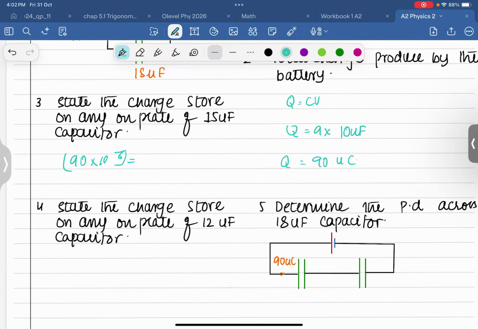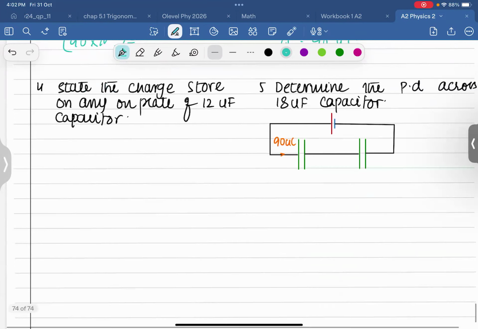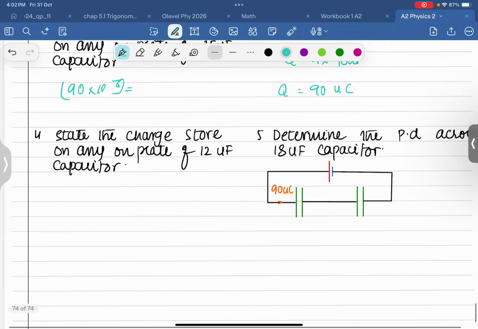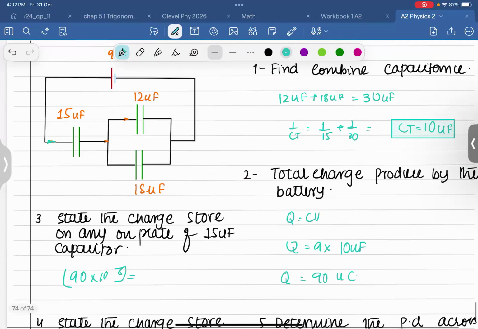Now the fourth part is to state the charge stored on any one plate of the 12 microfarad capacitor. For the 12 microfarad capacitor, which is right here, we know that 90 microcoulomb is flowing in the circuit from this point to that point, and it moves in this direction, and the other moves in this direction as well, right?